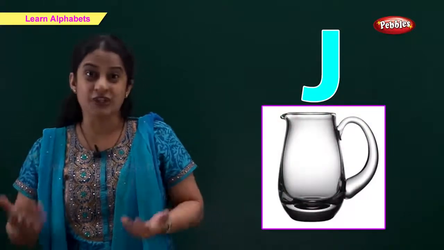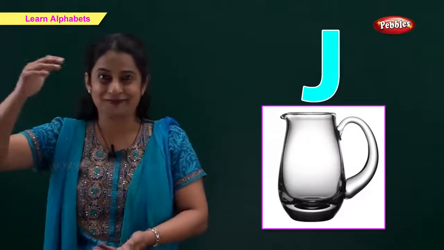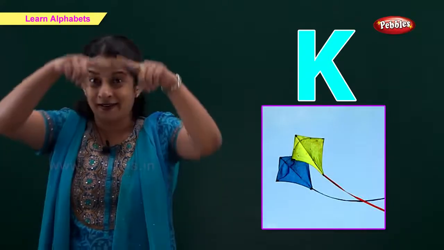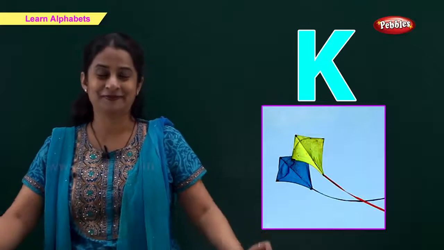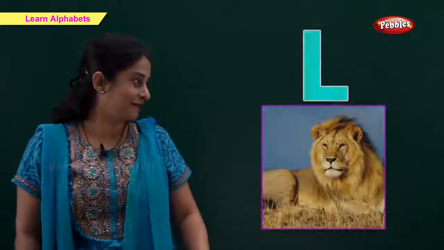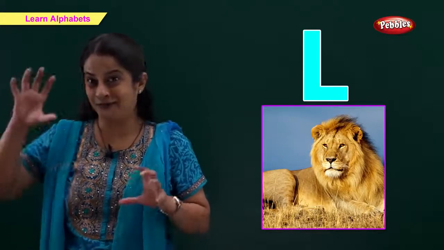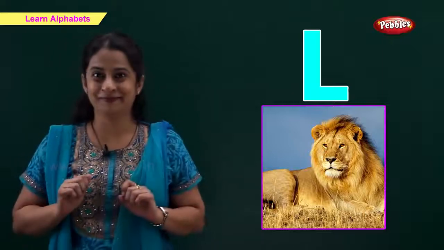J. J for jug. K. K for kite. L. L for lion.